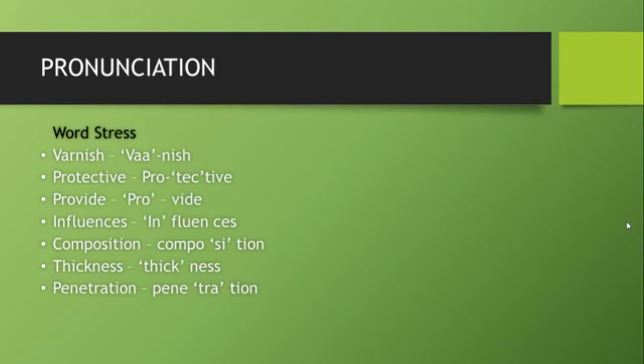So this syllable I used more. Va was more important to me as compared to nish.